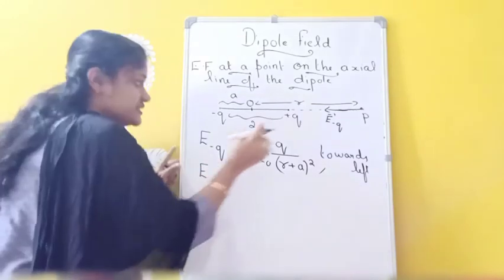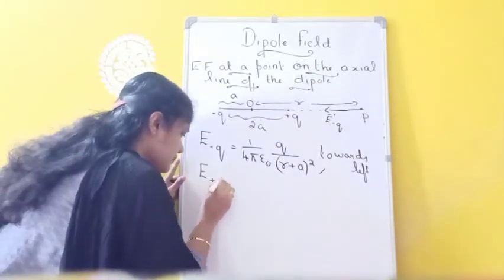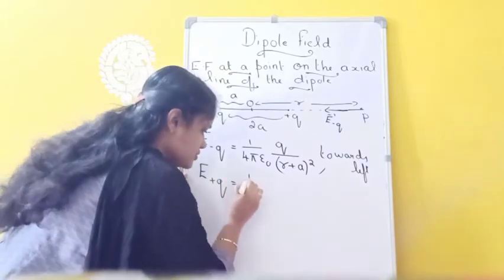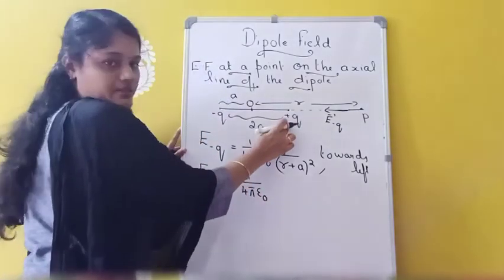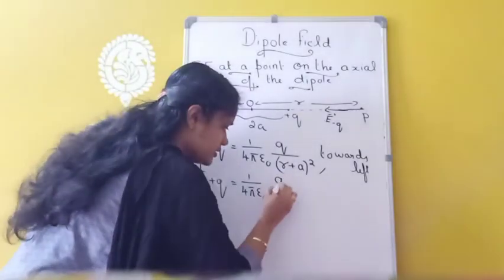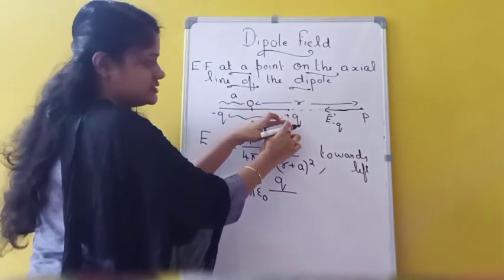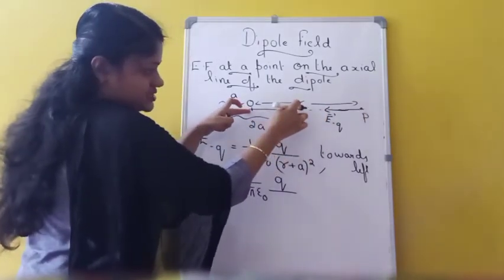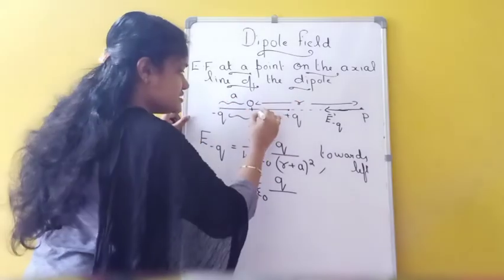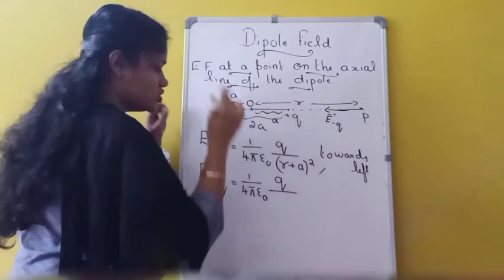Similarly, the electric field at this point P due to plus q charge, E plus q equals 1 by 4 pi epsilon 0, and here also the magnitude is q divided by the distance of point P from plus q charge. We know this much distance is r minus a, so we can take it as r minus a the whole square.